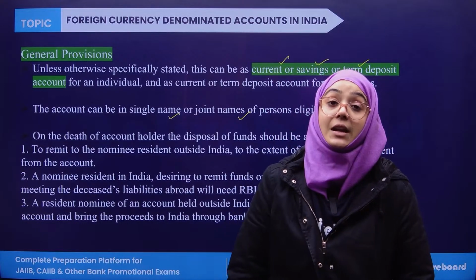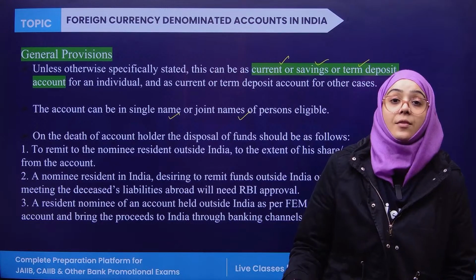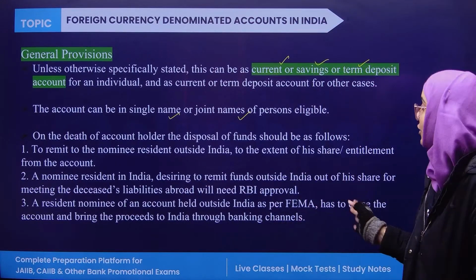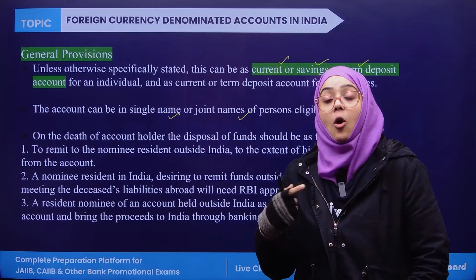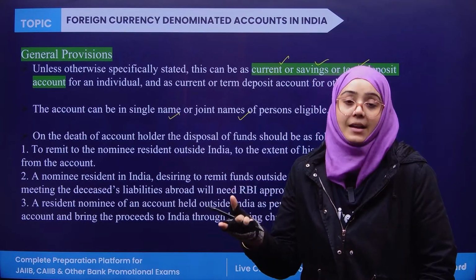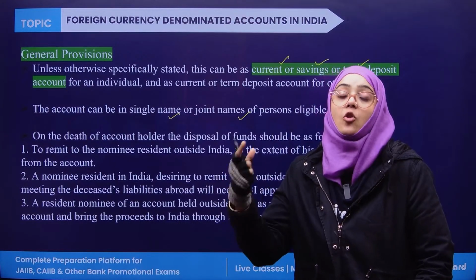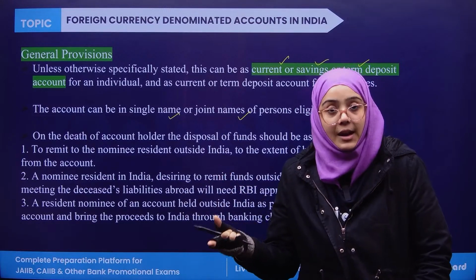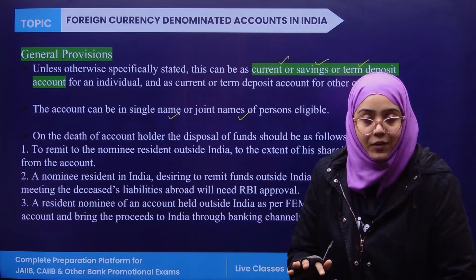Now, in the case of the death of the account holder, who is a resident Indian, what is the process for the disposal of the fund? First, if you have made a nominee residing outside India, the fund is transferred to the nominee outside India, to the extent of his or her share in this account.